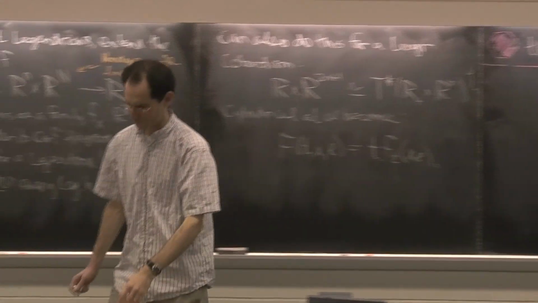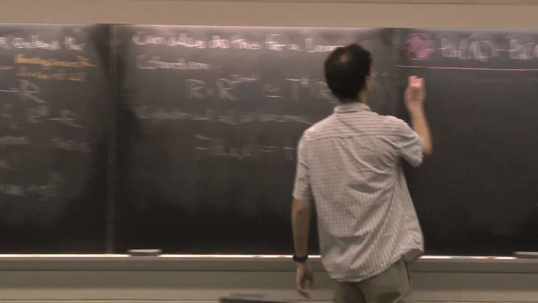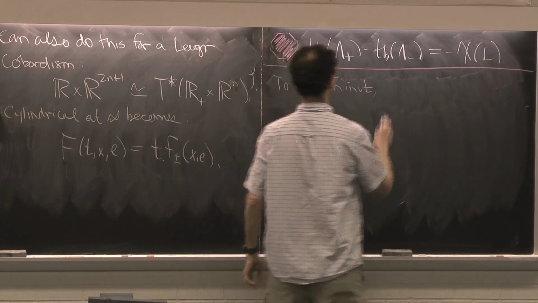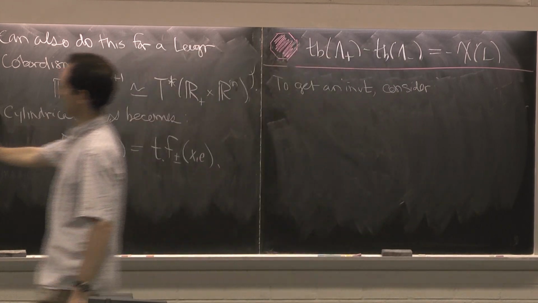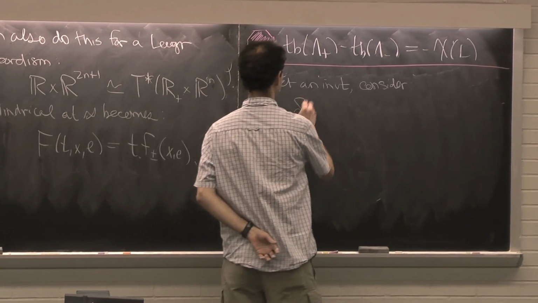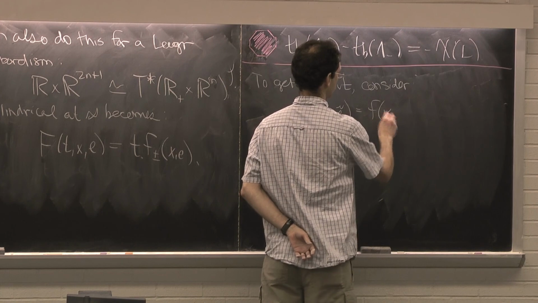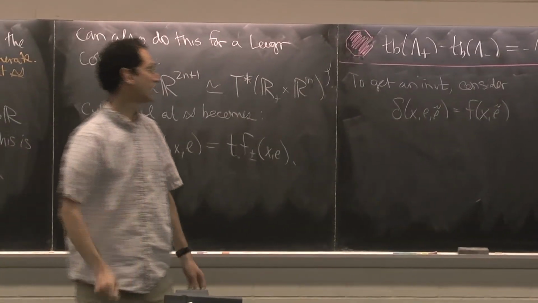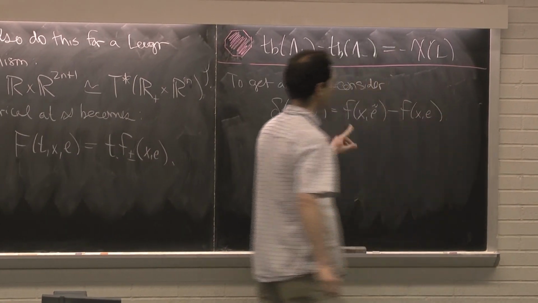Okay, so let's try to figure out how to get some invariants out of this. Well, we're not going to work directly with the generating family itself. Instead, we'll work with something called the difference function, which takes the generating family, works on some kind of fiber product of its domain, and just takes the difference of the generating family with itself.